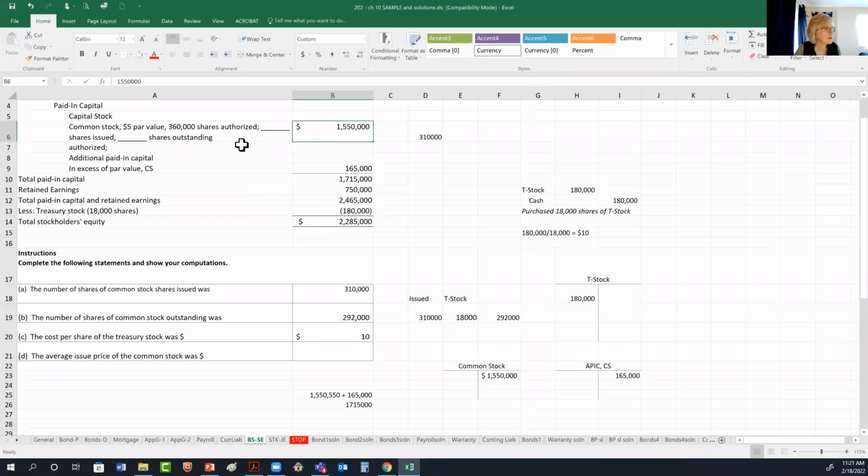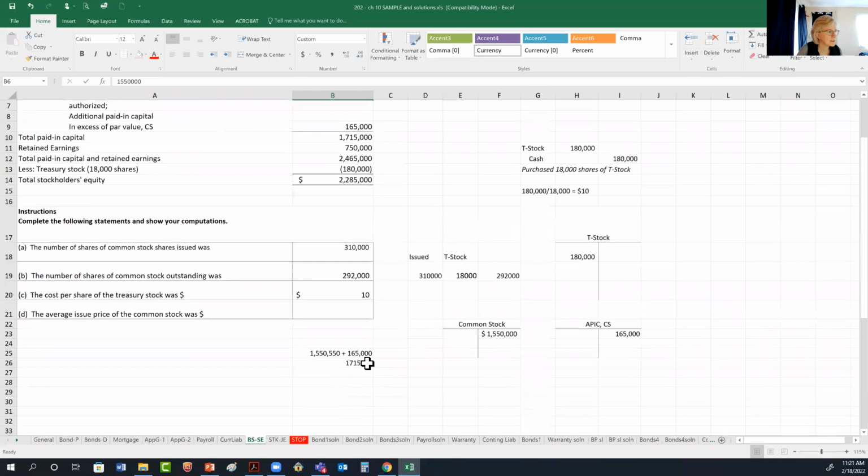So even though there are only 292 outstanding, that's only calculated after you subtract the treasury shares from the issued shares. So when I ask you what was the average selling price of the stock, we're going back to the issued shares. We're going to take this 310 and ask, what was the average issue price of the common stock? It's going to be $5.53.